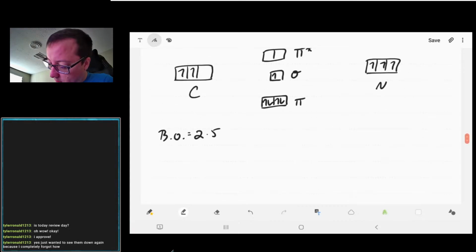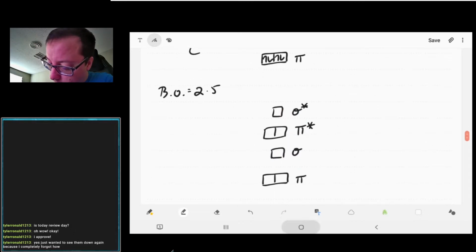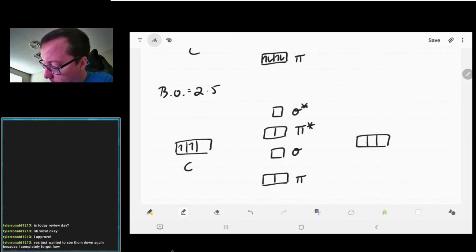And if we do CN minus, we can see what this is going to look like. Again, it does not matter which one you give the minus or plus to. I'm just in the habit of giving it to the most electronegative one, but it does not matter.